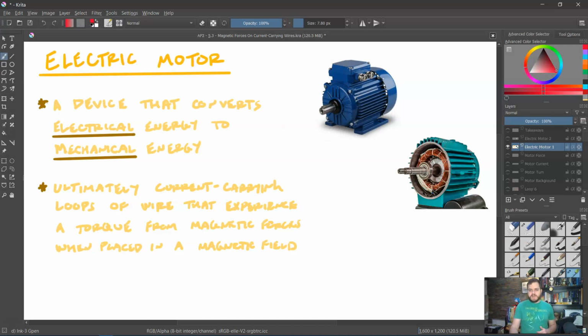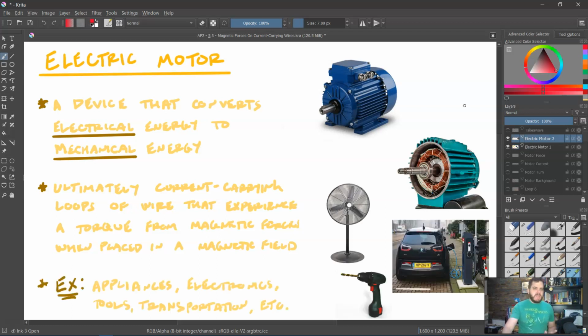Now, these are a couple of examples of what these motors look like. You can see the cross-section of one here. These can either be DC, like what we just described, or they can be AC, where essentially if you have the alterations in current, the reversal in direction at just the right rate as the turning of the loop, you can also get this continual motion. And these are used essentially everywhere.